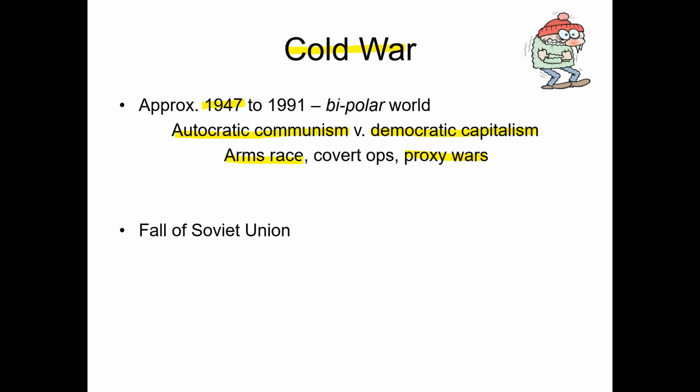Talked about the arms race, and then particularly as we get into the 1950s, in order to avoid all-out war, both sides were making ample use of covert operations. The CIA was quite active, particularly during the 50s and early 60s, with keeping tabs on any communist activities. The Soviet Union eventually did fall.